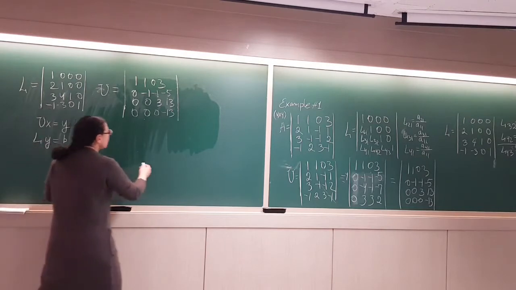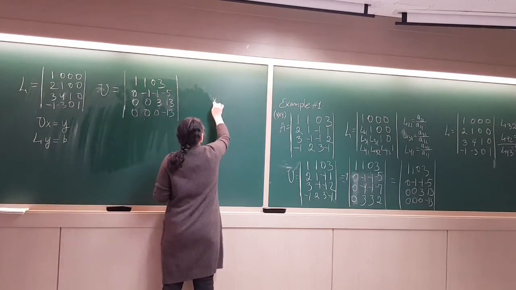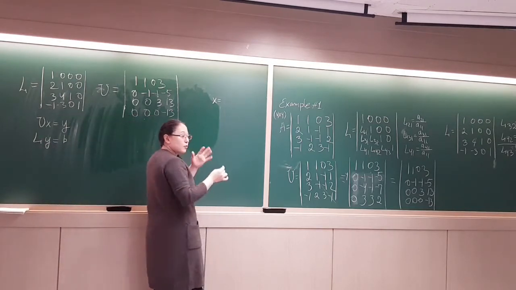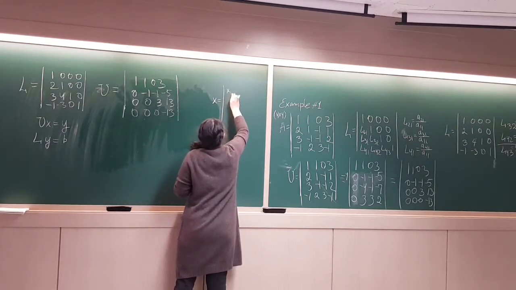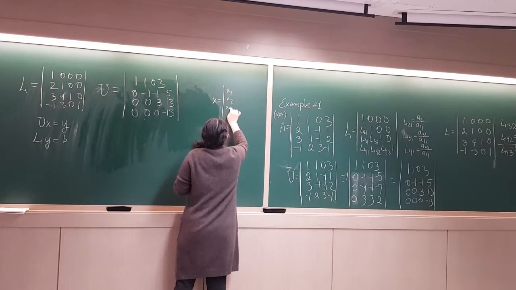Here, because we have 4 variables, x will be x1, x2, x3, x4.